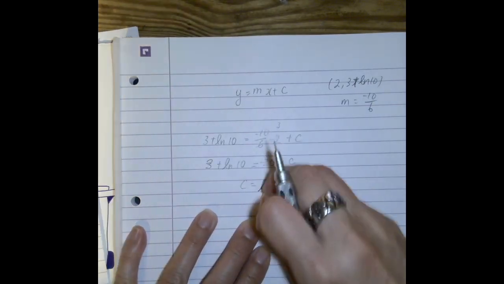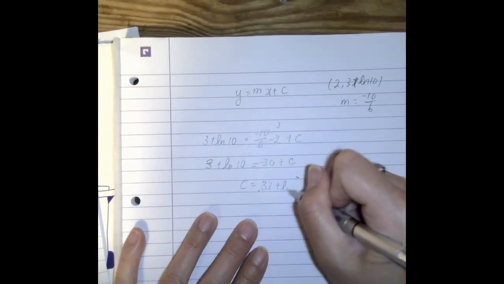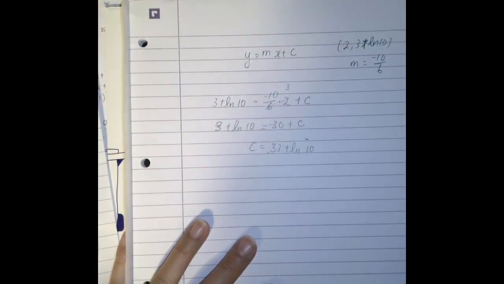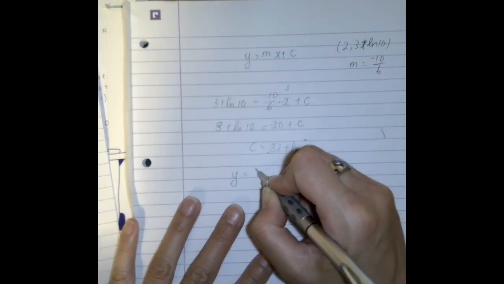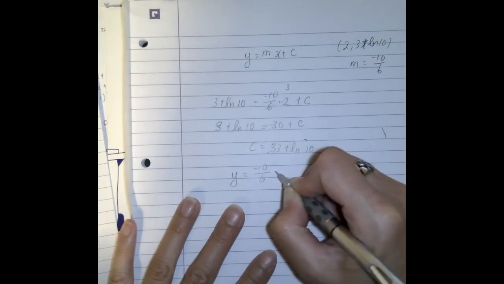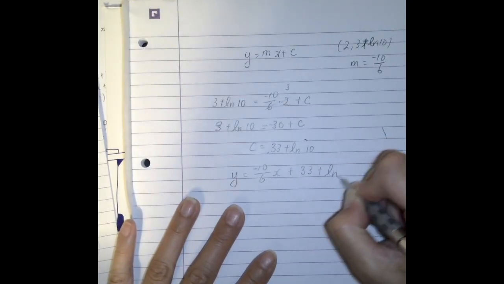Oh no, let's write the 30 in the front. So we will have 33 plus ln 10. So I will write down y equals m negative 10 x plus 33 plus ln 10.